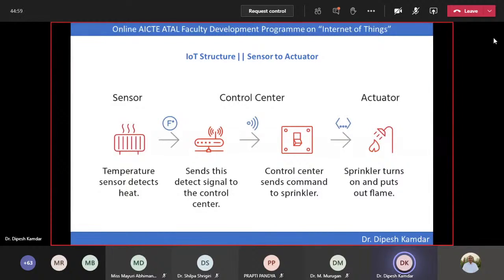If the heat is above some threshold value which is predefined by the programmer, then it activates the sprinkler, which works as an actuator here, and it will sprinkle out water or liquid material to take the heat under control. So this is the scenario where IoT is working.